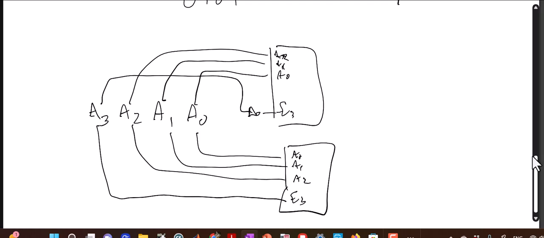And these correspond to R, S, T, and U. Okay.